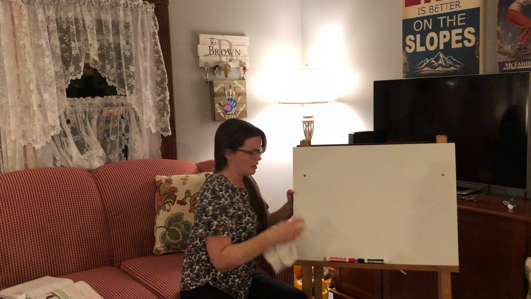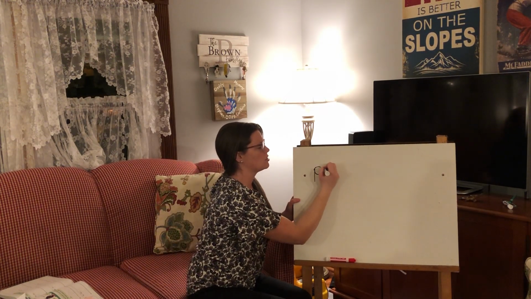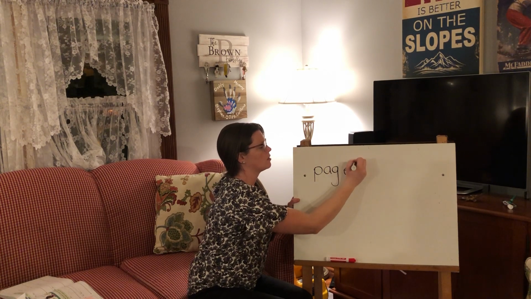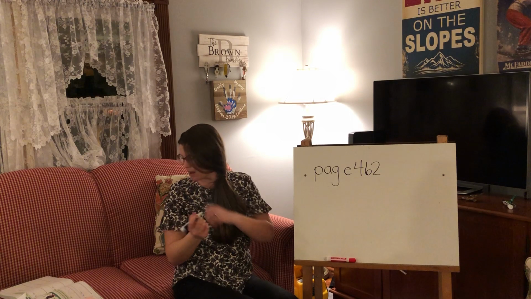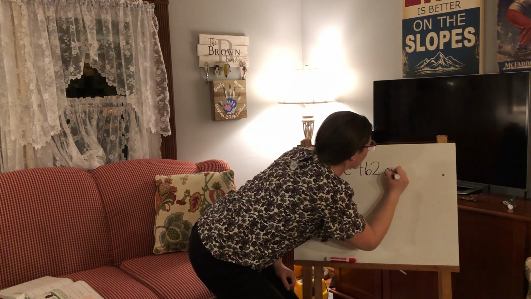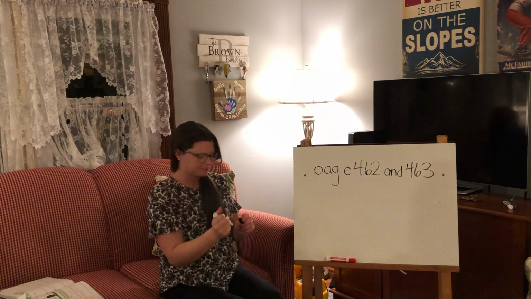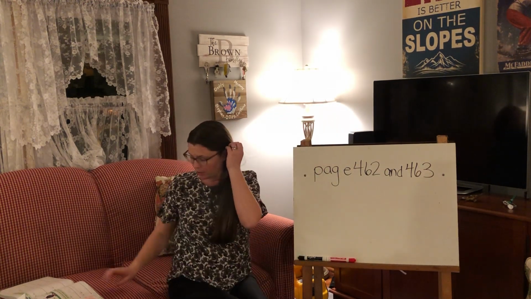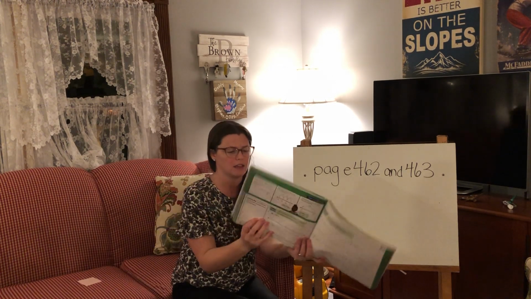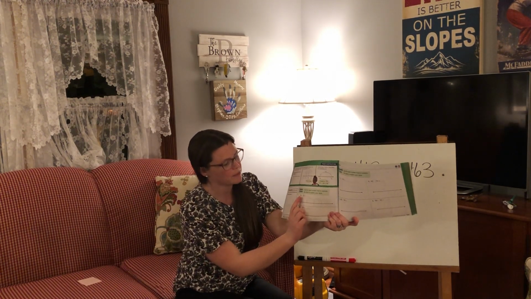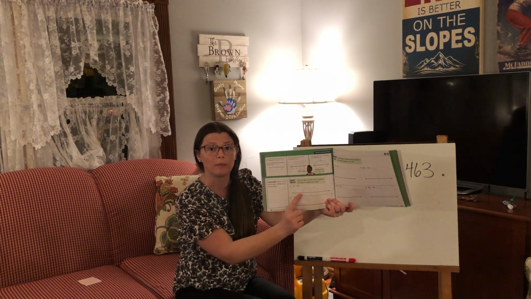So, today, you are going to be on page 462 and 463. I'm going to show you what you're going to do. They started the first one for you. It says 30 minus 20, and they showed you the jumps and where they ended up.